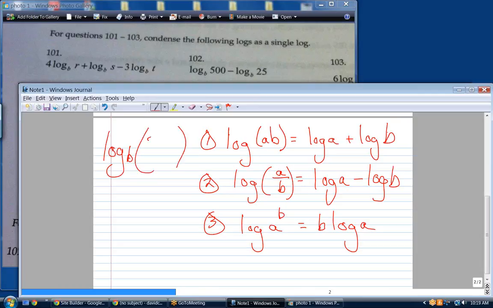500 over 25? Correct. But now they want it as a single log, and this is kind of like a radical. If I don't want to give this as an answer, I want to simplify it. Okay, so what can I do? I can divide 500 by 25. That's 20. So this whole thing is the log base b of 20.